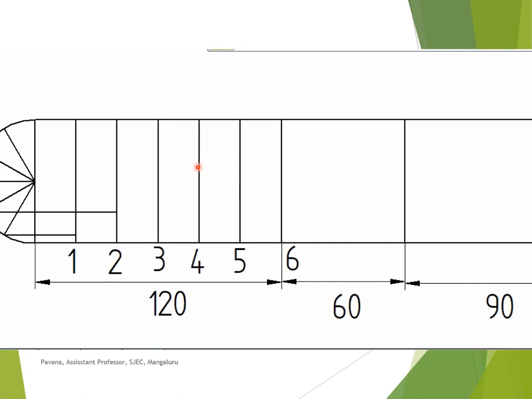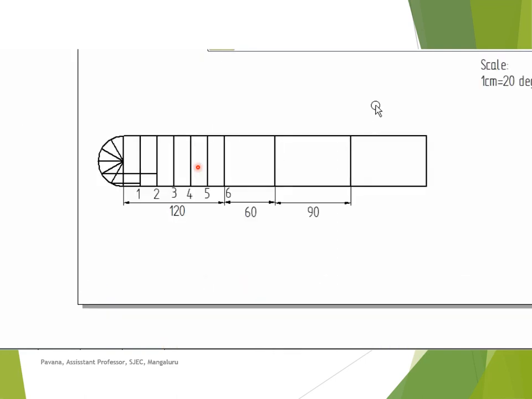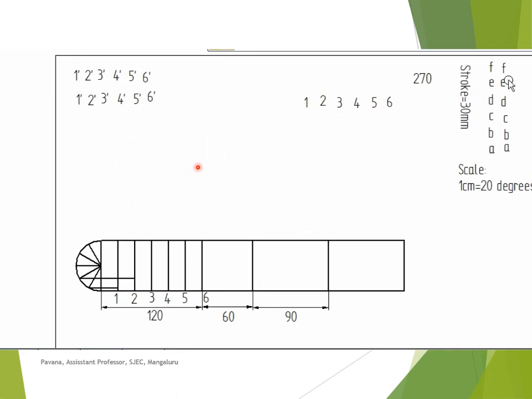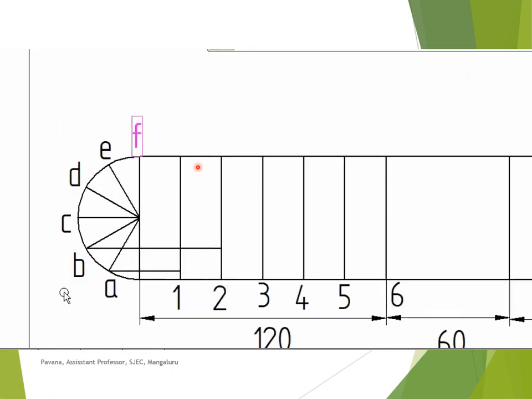So the first point is A, then B, C, D, E, and the last one F. If you have more points, go on naming with the alphabets. So it looks like this.